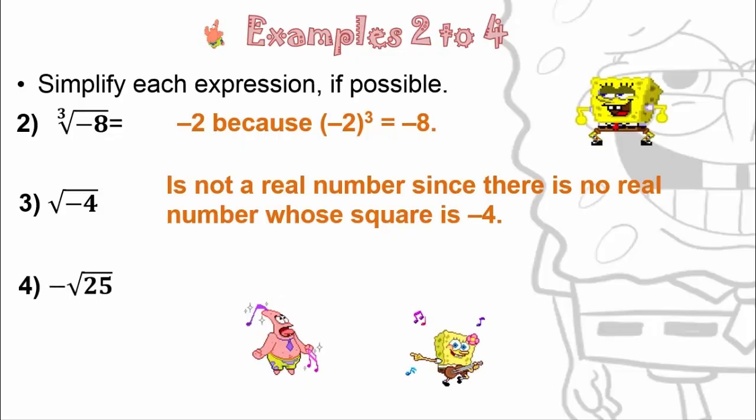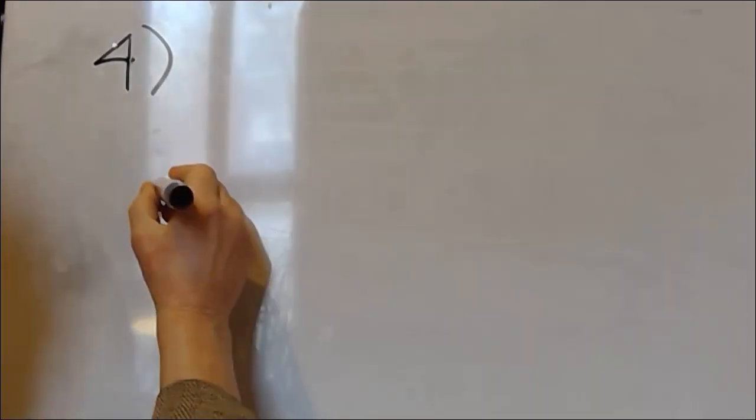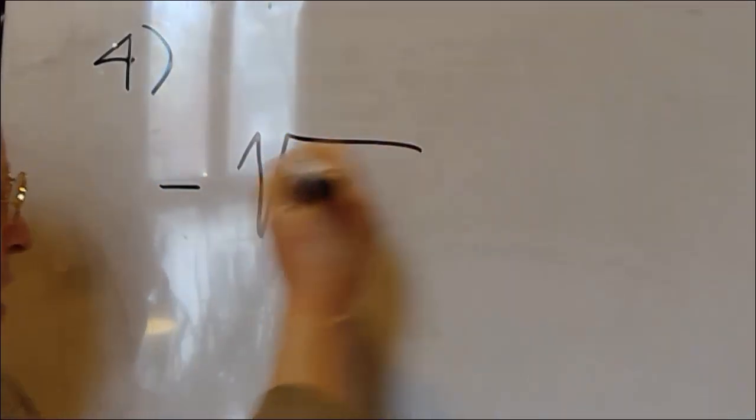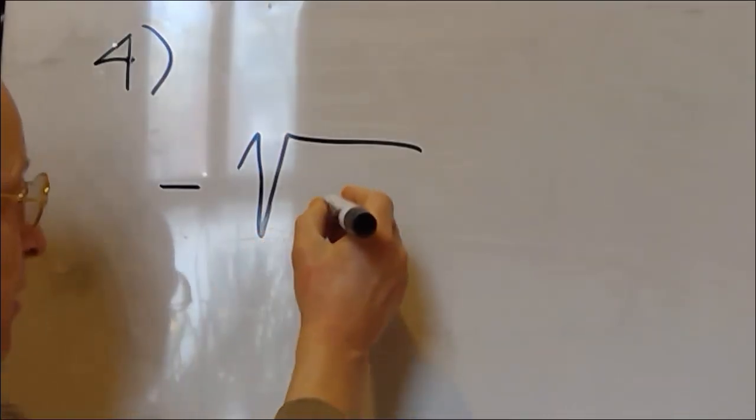In example number 4, we have negative square root of 25. So let us go over to the whiteboard and work this one out. It's okay to have the negative sign outside the radical sign.